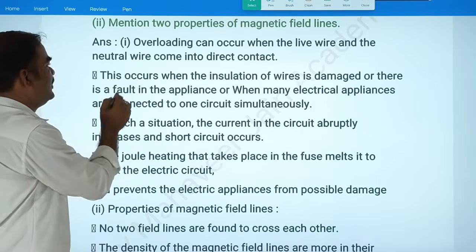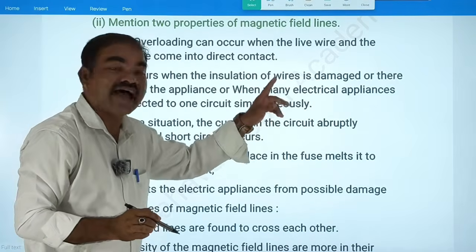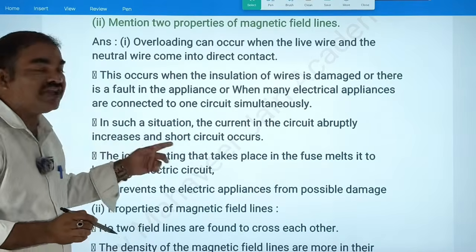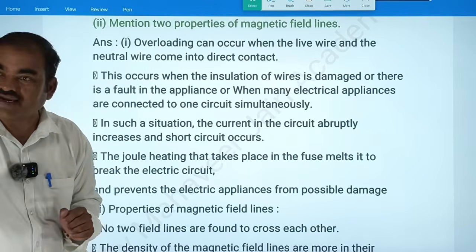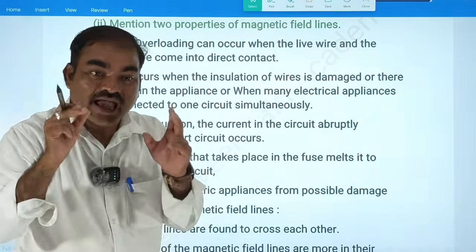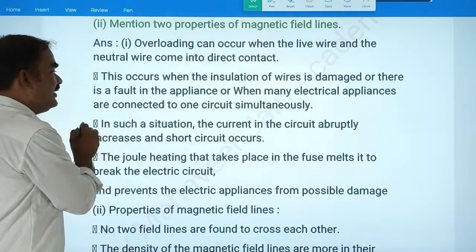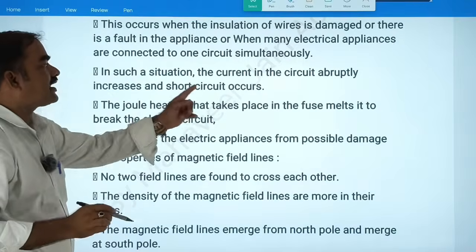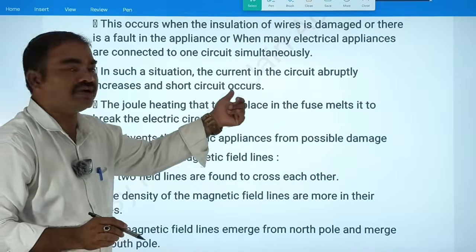Second one: this occurs when the insulator of a wire is damaged or there is any fault in the appliances of our home. Whatever electronic gadgets we are using, if any damage is there in that gadget, this overloading will happen there. In such a situation, the current in the circuit abruptly increases and a short circuit occurs.